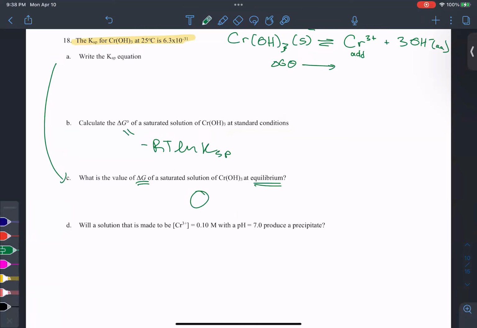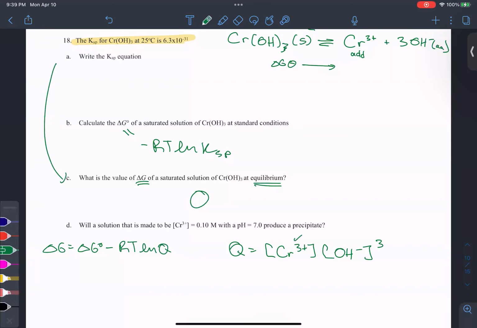No. So we're not calculating K, we're actually calculating Q. The equation that we're using here is actually delta G equals delta G naught minus RT ln Q. So we just need to calculate Q. But remember, Q has the same expression as KSP. So Q in this case is going to be concentration of chromium 3+ times concentration of hydroxide minus cubed.